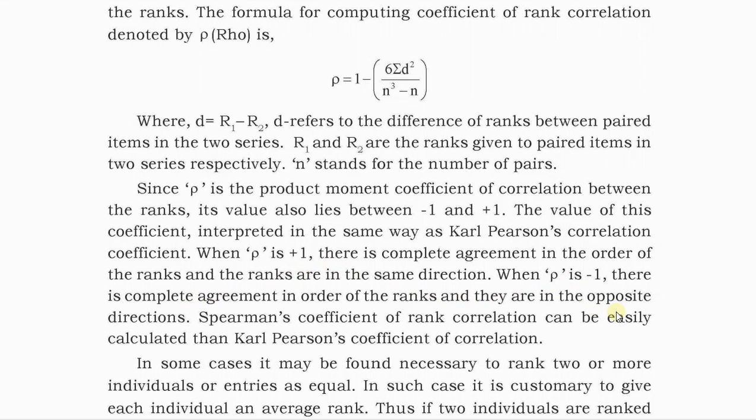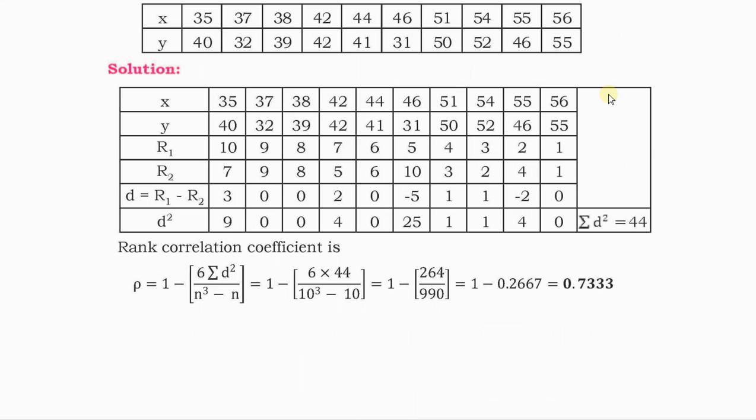If rho is -1, then there is a complete disagreement in the order of the ranks and they are in the opposite direction. Spearman's rank correlation coefficient can be calculated more easily than Karl Pearson's correlation coefficient. So let us look at this explanation with the help of an example.